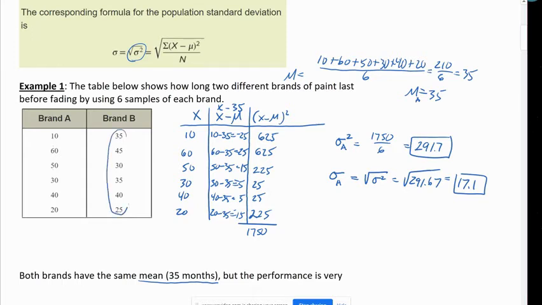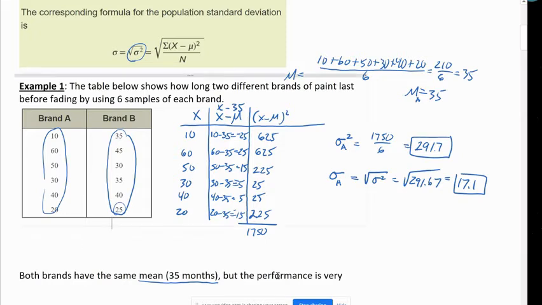These are all fairly tight values, whereas these ones are spread out. It goes as low as 10, but as high as 60, whereas these ones are all in the 30s and 40s for the most part. We do have a 25, but they're all tightly dispersed compared to brand A. So that's where the variation will help us.